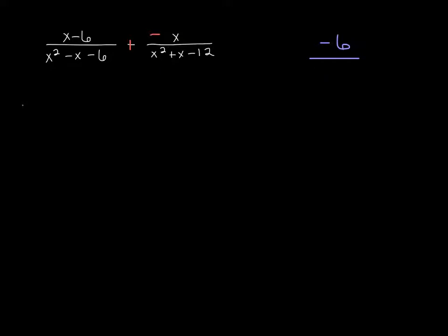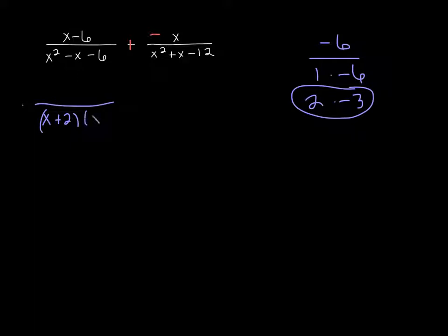Signs are different since it's negative, and the larger number is negative 1, like B. So 1 times negative 6, 2 times negative 3. And that's the one that gives me negative 1. So we have x plus 2 and x minus 3. And then we'll leave the numerator alone. And then plus negative x, leave that numerator alone.